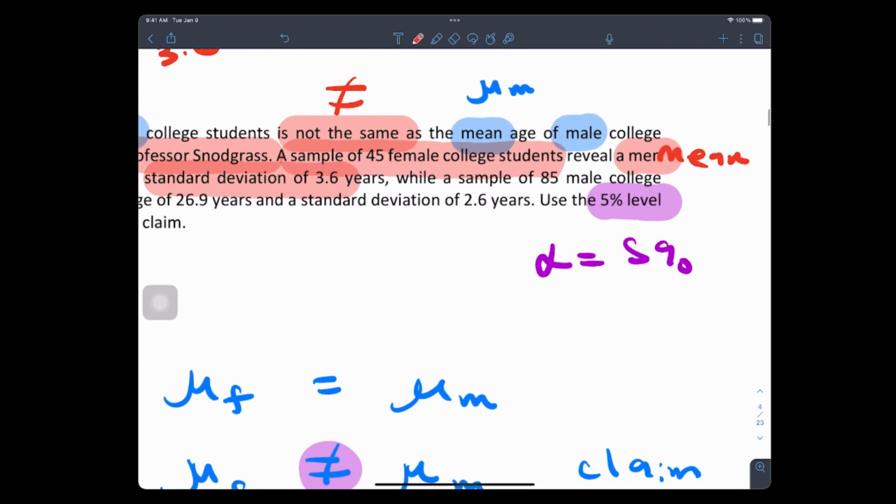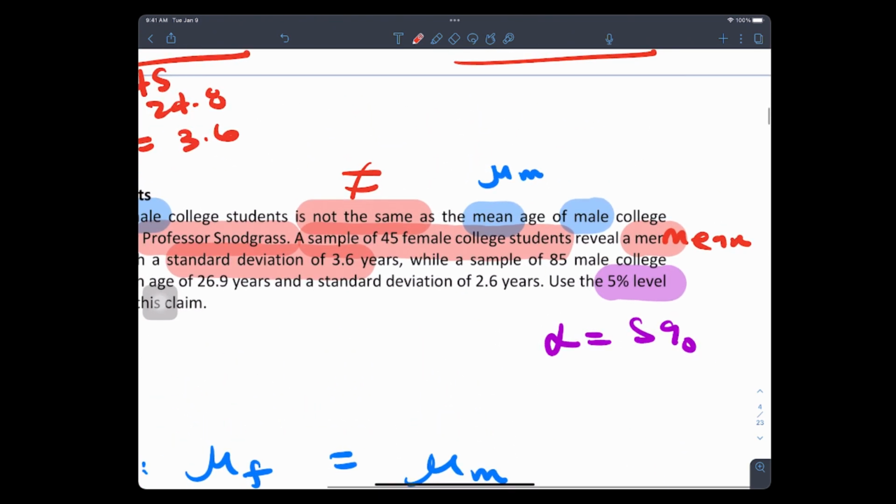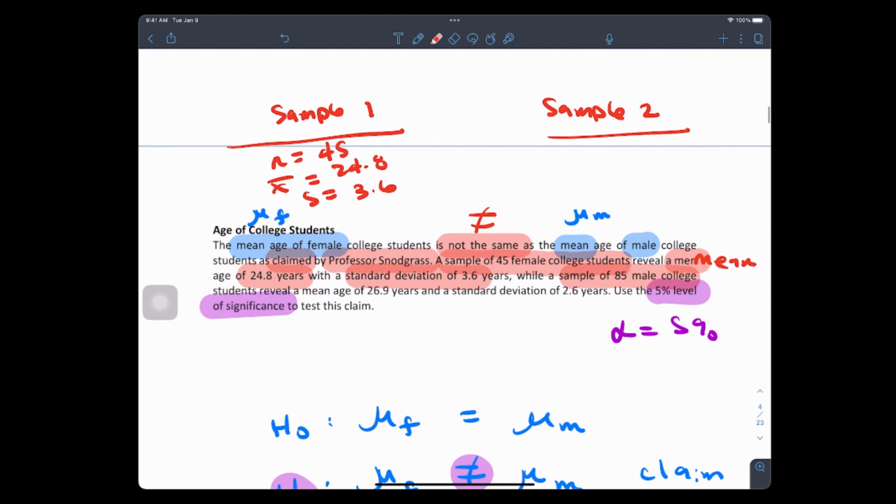The second sample is 85 male college students, a mean age of 26.9, and a standard deviation of 2.6. So now 85, mean 26.9. What's the standard deviation?